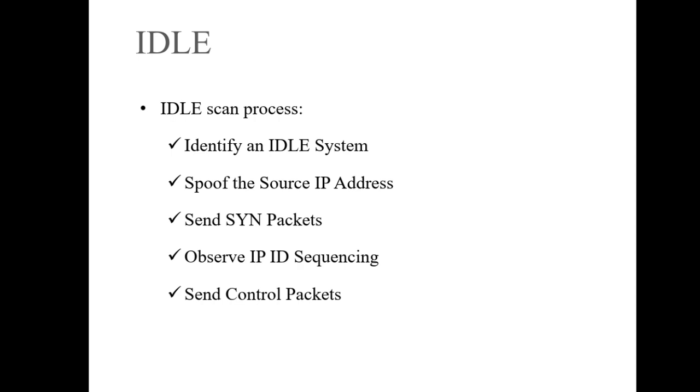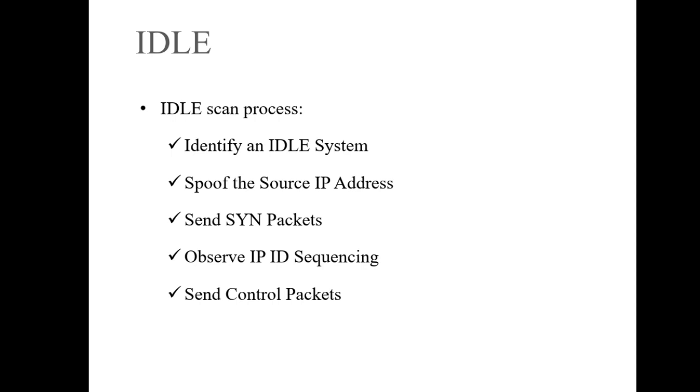Then the fourth one is observe IP-ID sequencing. In observing IP-ID sequencing, the idle system, acting as a proxy, receives the synchronize-acknowledgement packets and increments its IP-ID counter. The attacker monitors the IP-ID sequence of the idle system.